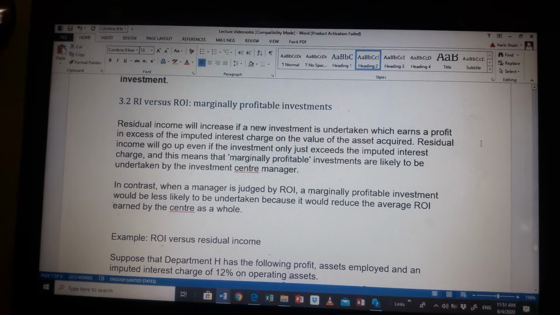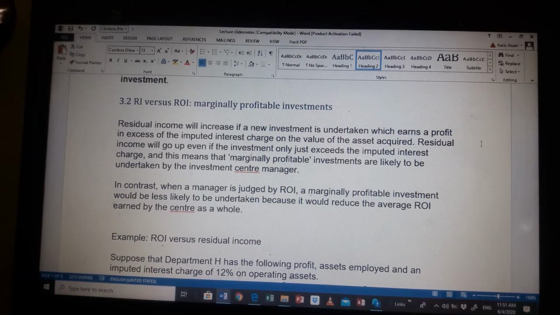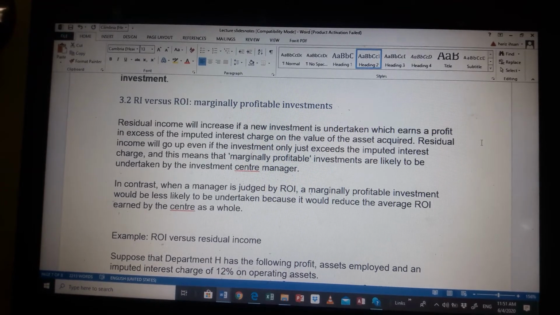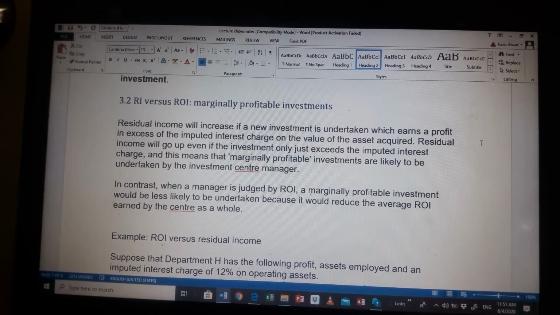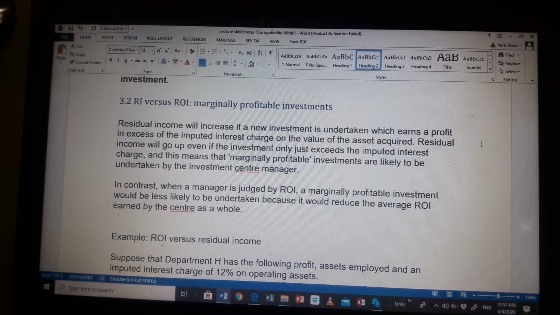RI versus ROI, marginally profitable investments. So residual income will increase if a new investment is undertaken which earns a profit in excess of the imputed interest charge. Therefore, if you were basing on residual income, even if we have a decrease in ROI, even if we have a decrease in efficiency, if it brings more profit to the company, more profit to the division, then the divisional manager will say yes to it.